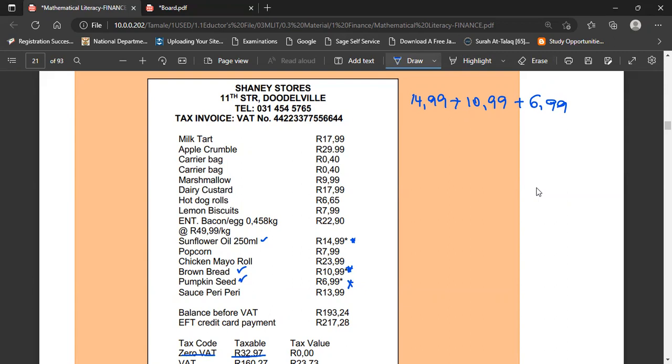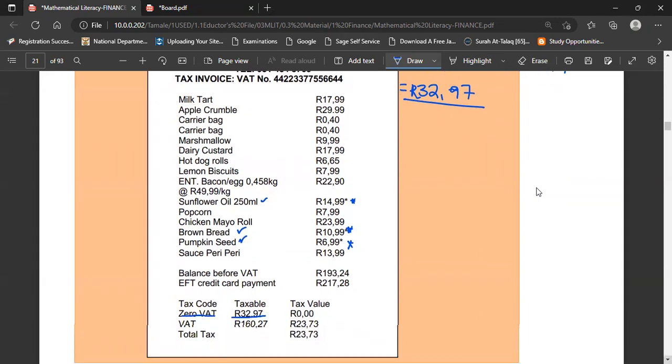So that's how they got their price there: 32,97. That's the price for goods that don't have VAT.